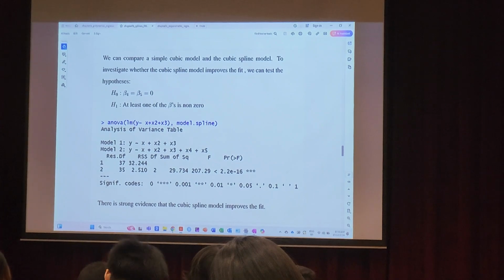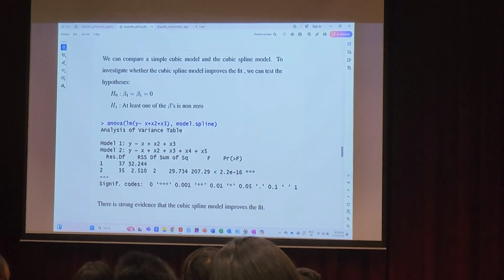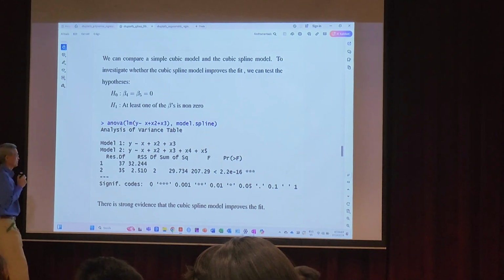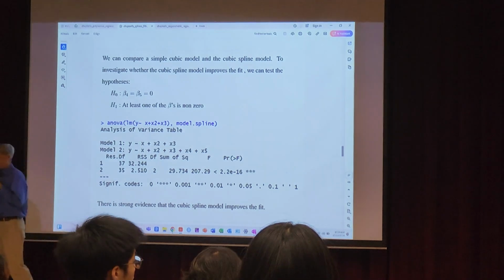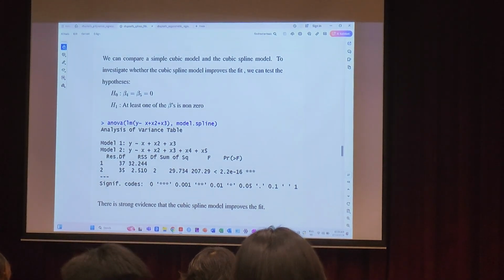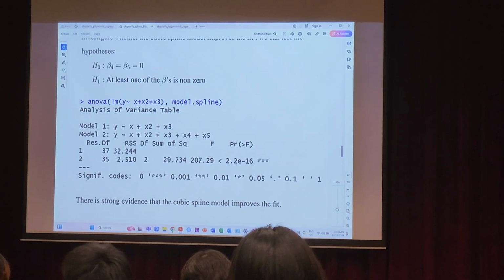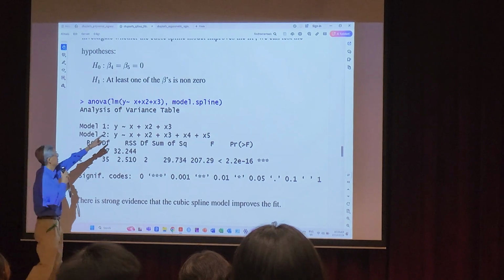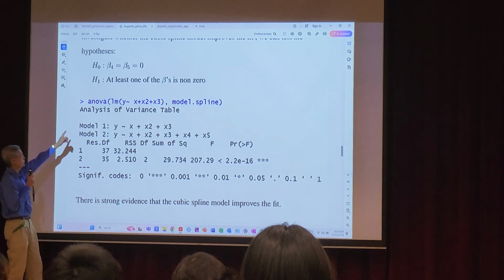Now this is something that you cannot do if you fit 3 separate models, the naive approach. Only with one multiple linear regression model, we have the freedom to test whether a spline model is better or a simple cubic model is better. So here I just compare the full model with the cubic model. That's how we do it, right, in ANOVA.